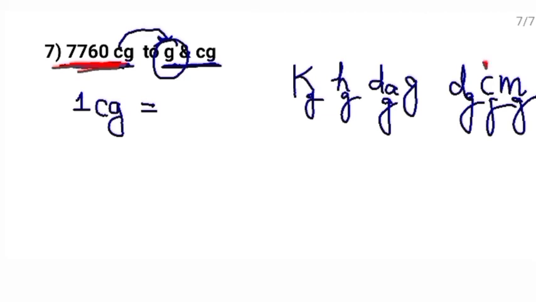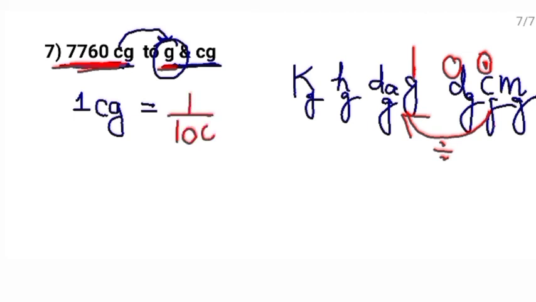This. And they are asking to convert it into the grams here. So you are moving backward, in the opposite direction. So you will divide. By which number you will divide? 100. Right? Division means 1 upon 100 gram. Clear? You are converting into grams.